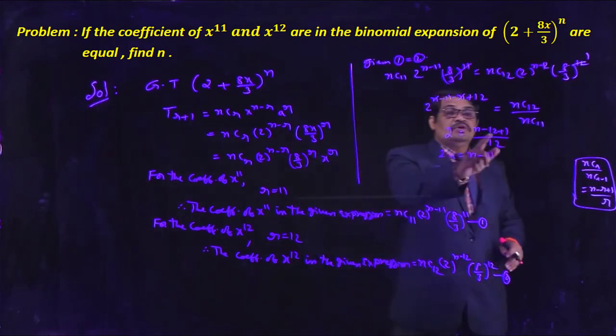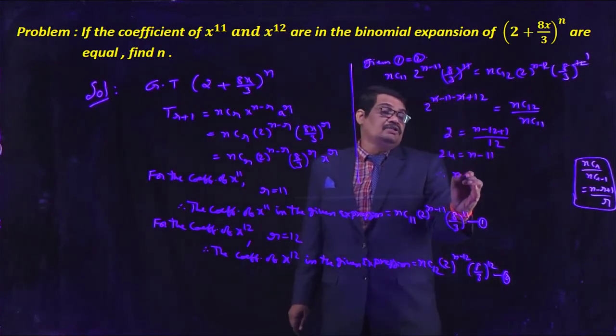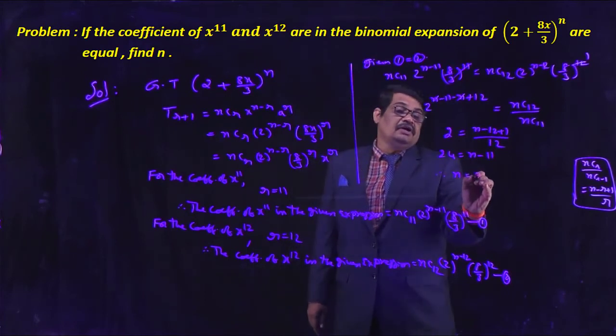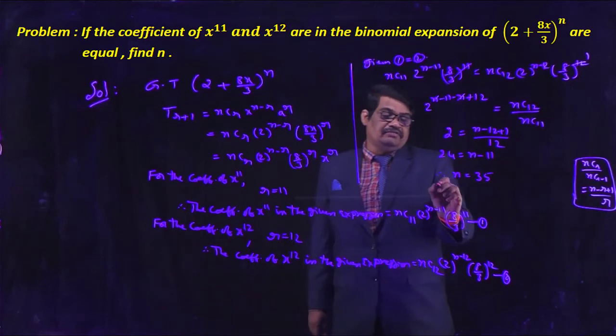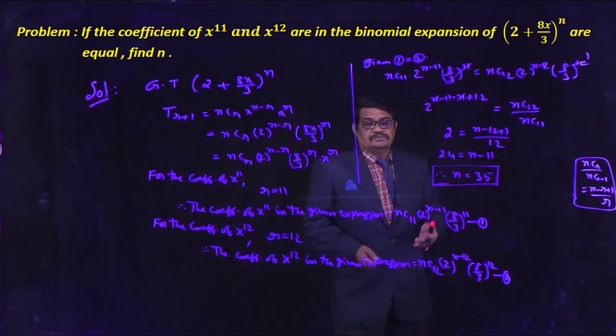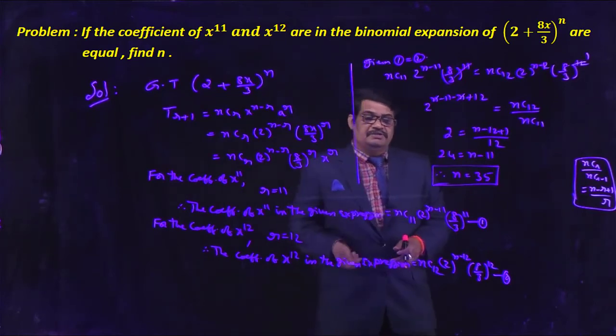Here minus 12 plus 1, that is minus 11. Therefore n is equal to, with minus 11 moving to this side, 11 plus 24, that is 35. Here the value of n is 35. Okay, this is our n value of the given expression.